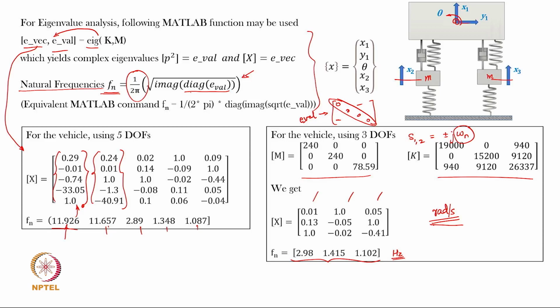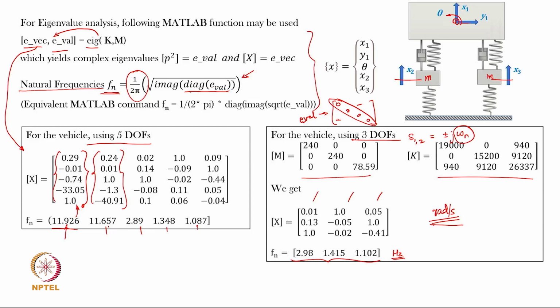Now, what do these two results tell us? We use all the 5 degrees of freedom in the system, and then we use just 3 degrees of freedom ignoring the wheel mass, which is what we have been doing in the past, where we ignored the wheel mass and kept the degrees of freedom as low as possible.